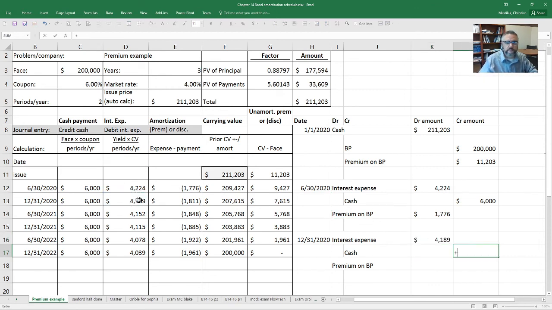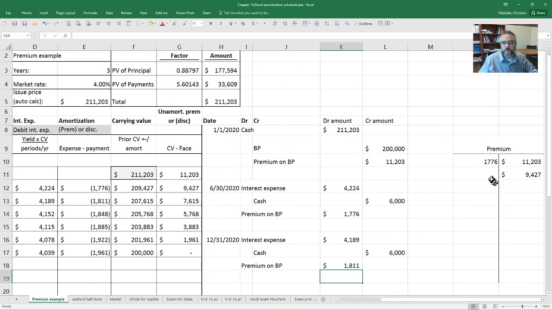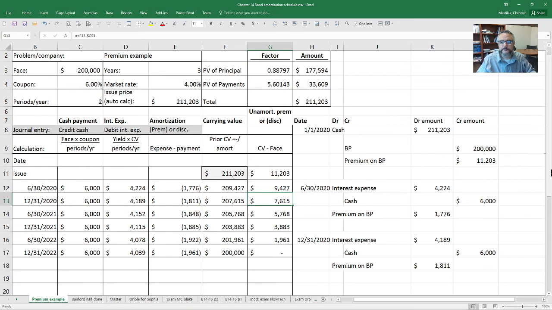We're going to credit cash for $6,000, and we're going to debit premium on bond payable for 1811, and we're going to strike another balance there and get 7616, which again is $1 off here for rounding because I don't have my pennies in rounding.